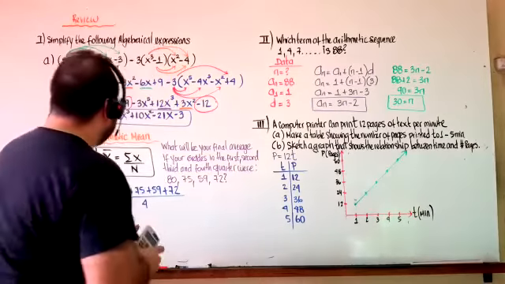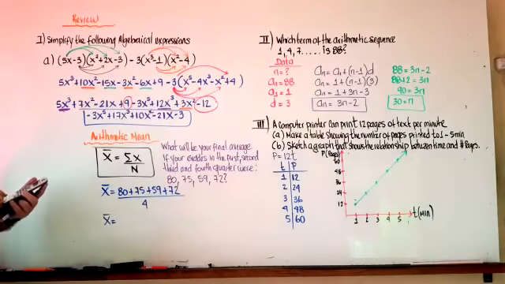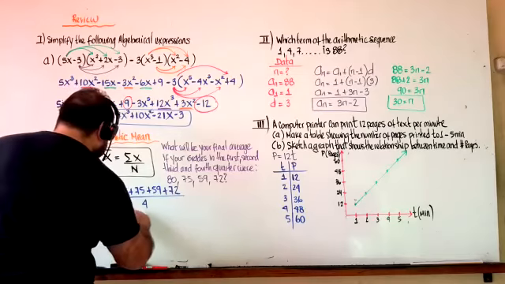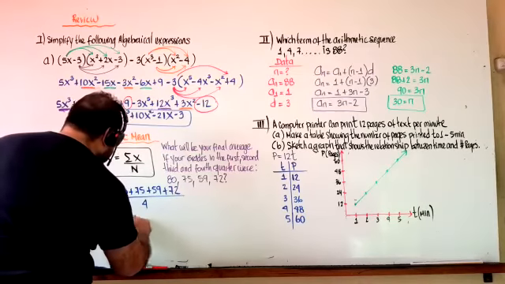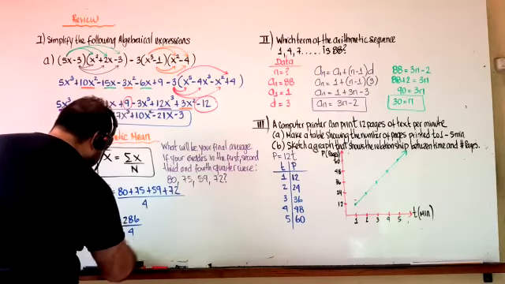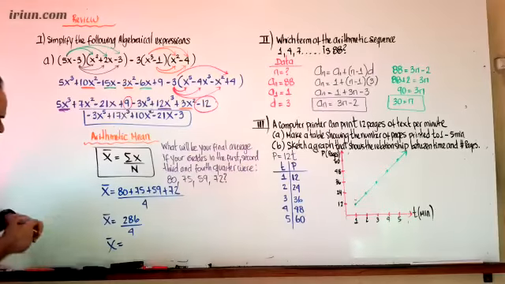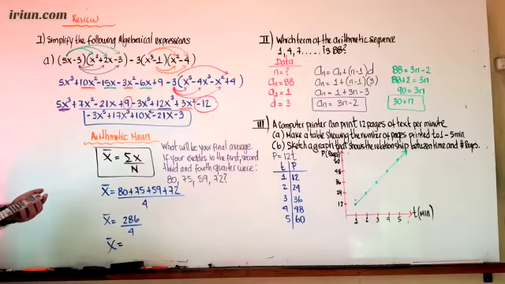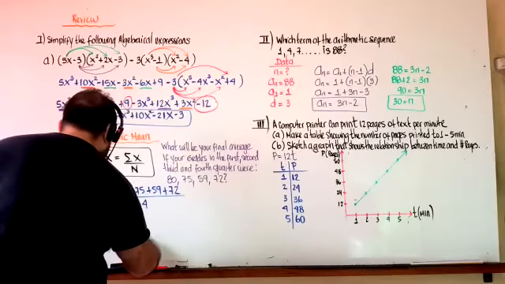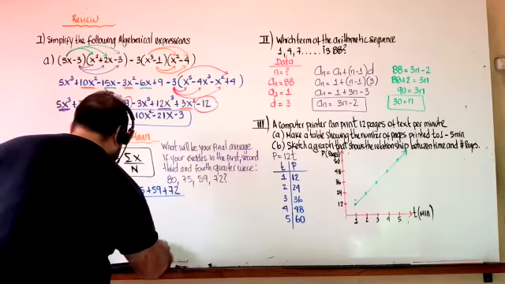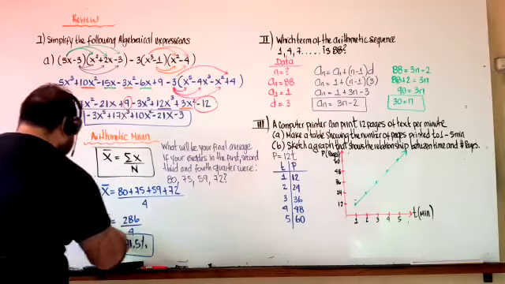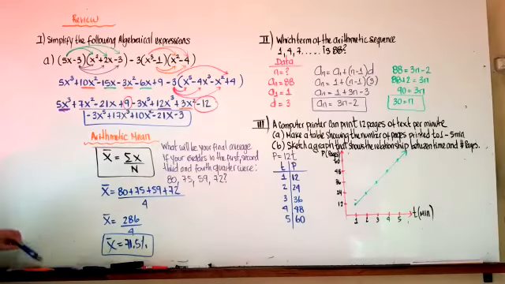Adding all the numbers, 80 plus 75 plus 59 plus 72, gives 286. 286 divided by 4, so the arithmetic mean will be 71.5%. And this is how we can apply the arithmetic mean.